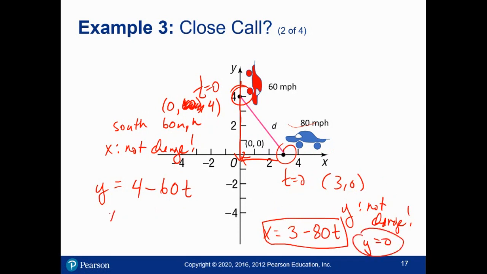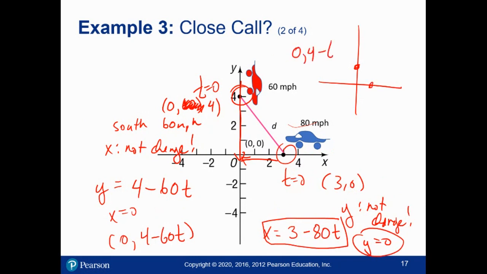This point here, x is 0, but y is 4 minus 60t. So at any point in time, my cars are at position 0, 4 minus 60t, and 3 minus 80t, comma, 0. So then I can ask, what's the distance between them? What is the smallest value that distance takes, and at what time?